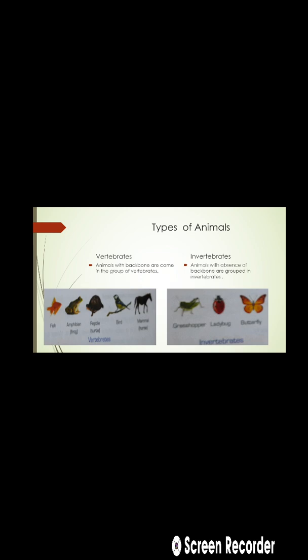These five come in the group of vertebrates, and animals with the absence of a backbone are grouped in invertebrates. Those are grasshopper, ladybug, butterfly, earthworm, snail, crabs, octopus. These are all animals in the group of invertebrates.